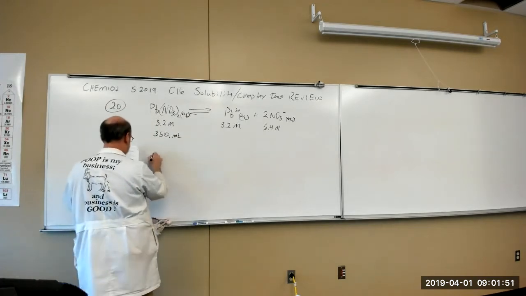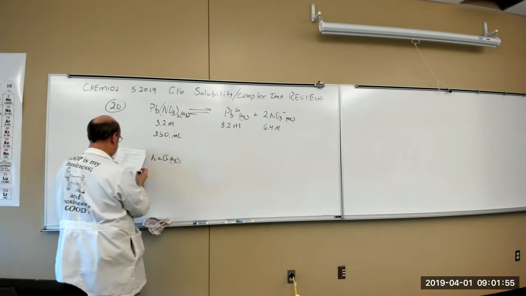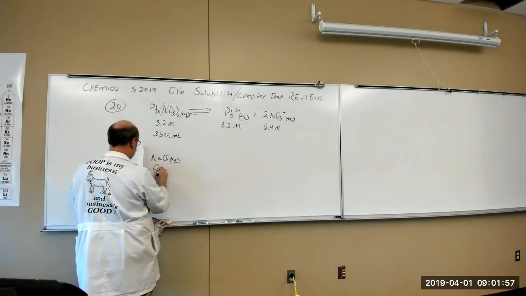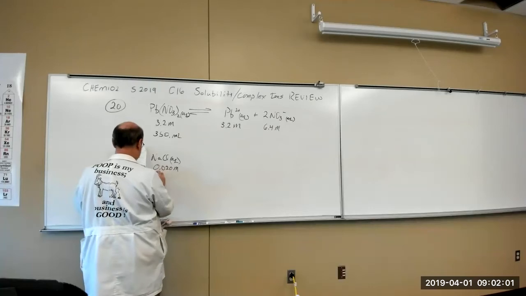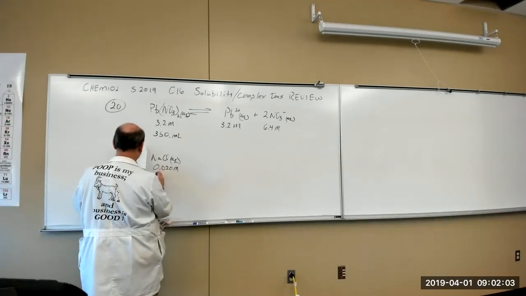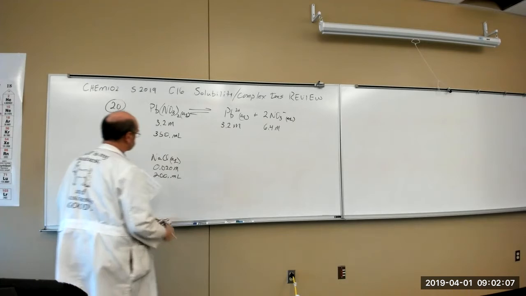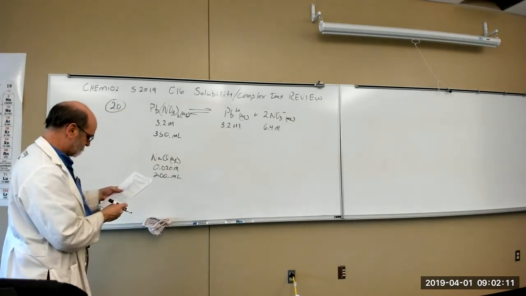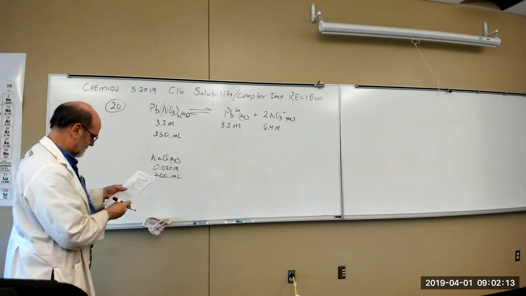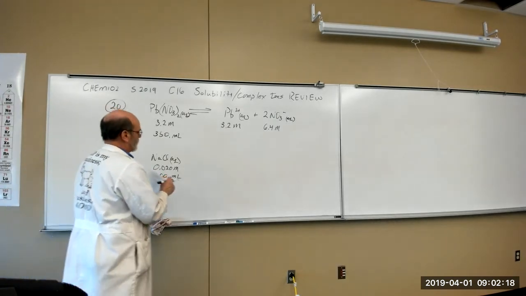And this one is 0.020 molar, and we have 200 milliliters of that one. Okay? Ksp for lead chloride.